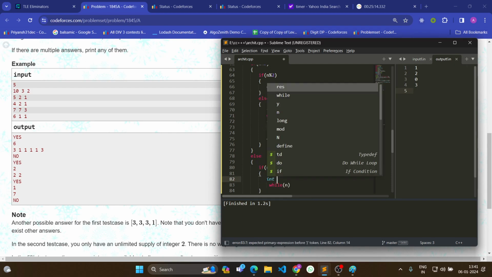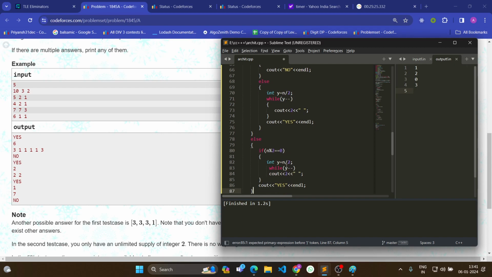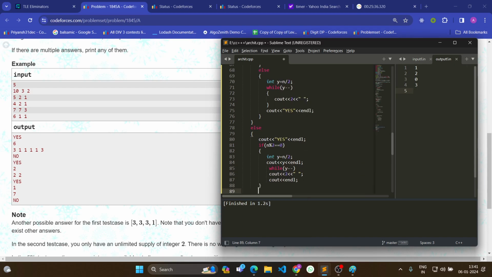int y is equal to n by 2, while y minus minus cout 2, cout y, and cout and then okay.